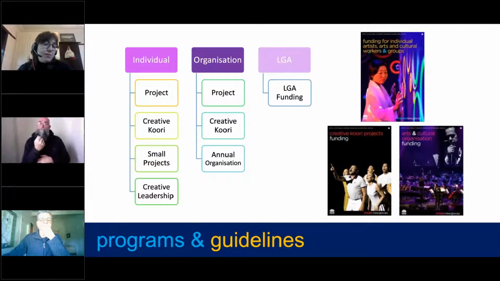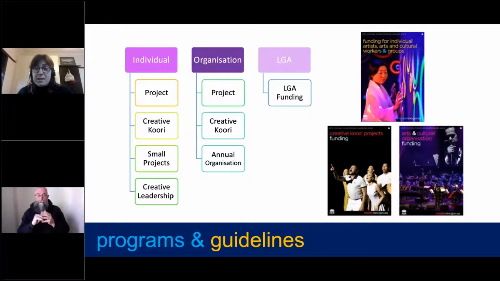As you can see there, they fall under individual, organisation and LGA. And these include creative courier projects, project funding, organisation funding, as well as our creative leadership, which are fellowships for professional development opportunities.